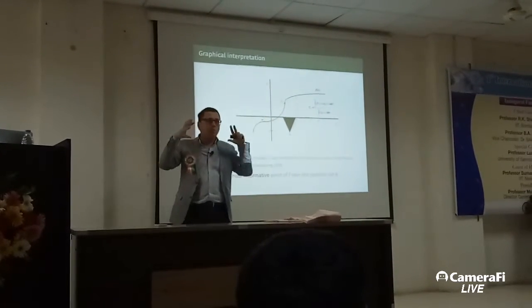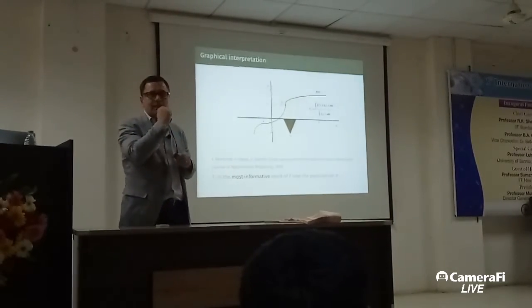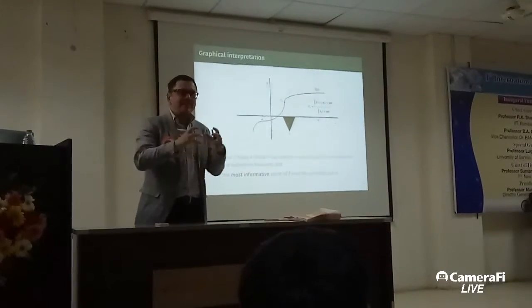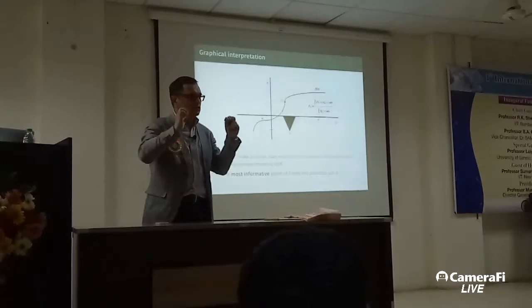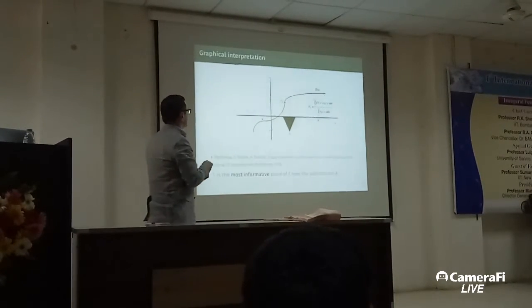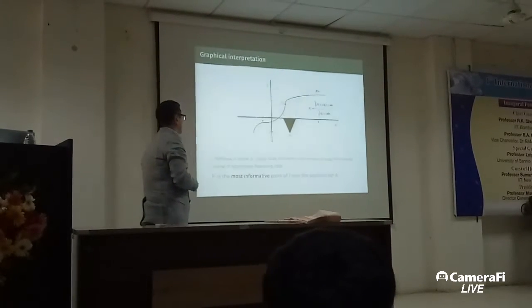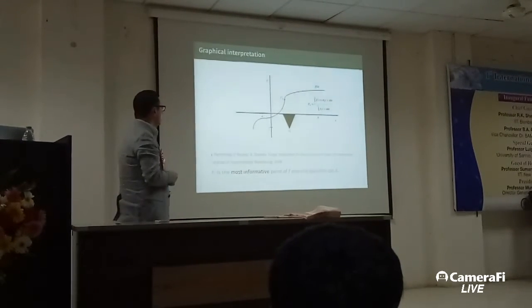So we are compressing the information, because we are moving from a continuous function to just a discrete number of points. And these points are the most representative, the most informative points over the partition set A_i.